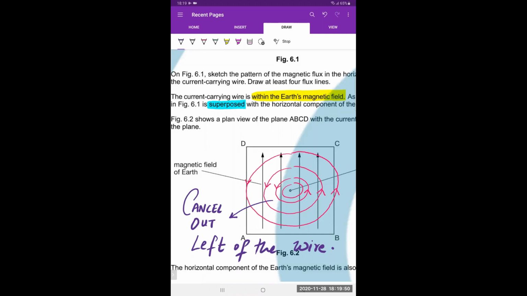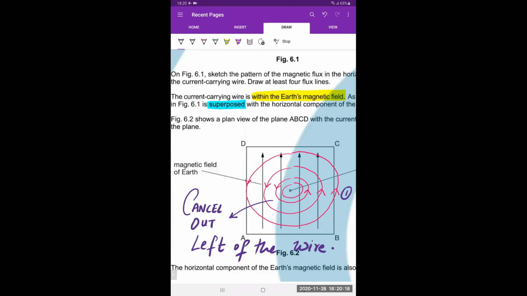So please let me repeat, the region on the right hand side of the wire, the one which I'm labeling as 1. So in region labeled as 1, the Earth's field and the field of the wire superimpose, or you can say add up or reinforce with each other. तो region 1 के अंदर field का equal and opposite होने का sense नहीं बनेगा.